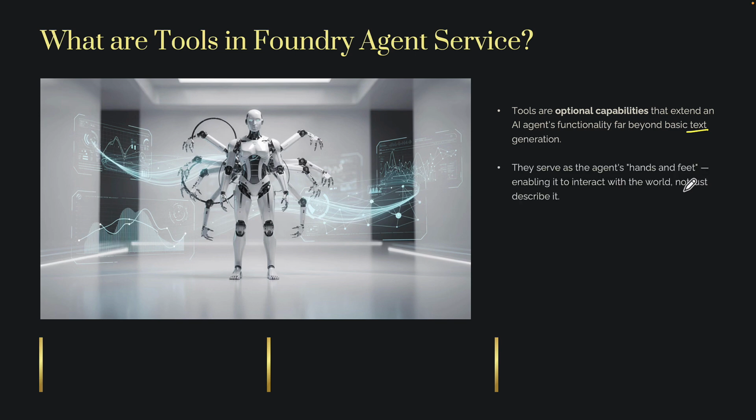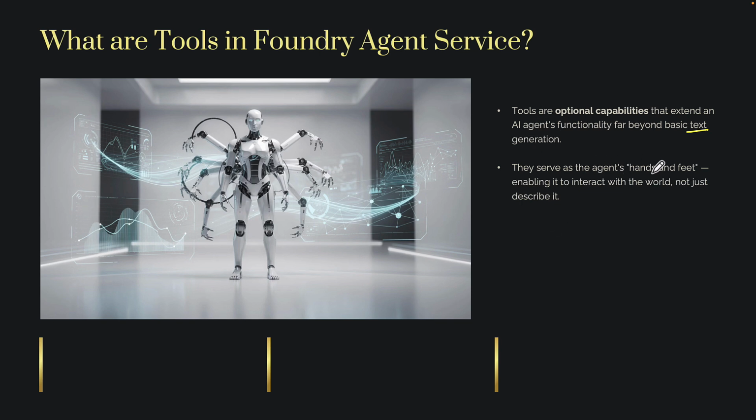So always remember, tools are giving more power to your agent. Imagine you are a carpenter. If you don't have proper tools with you, you can't do your job properly. Same way, if you don't give the proper tools to an agent, it can't perform. And we'll see what these tools are.